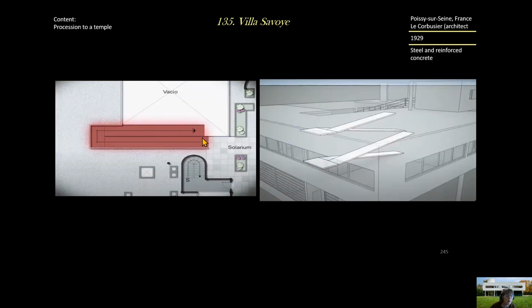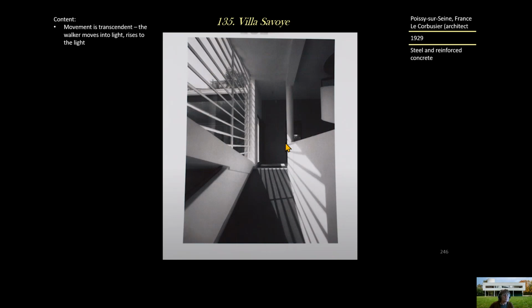So this is a view of the ramp. You can see it's central to the house, and you can see the ramp goes from the bottom up to the third floor, just like if you were going up, what is it called, where the Parthenon is, that you go up that hill in Athens to the Parthenon.